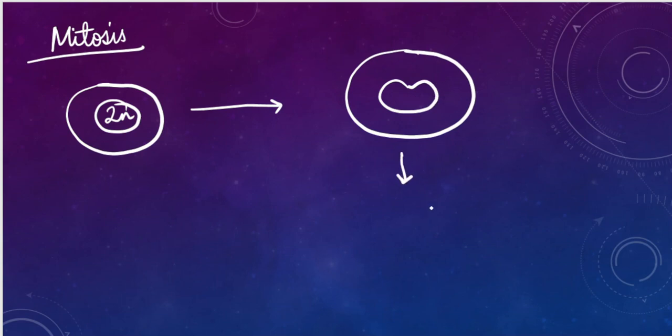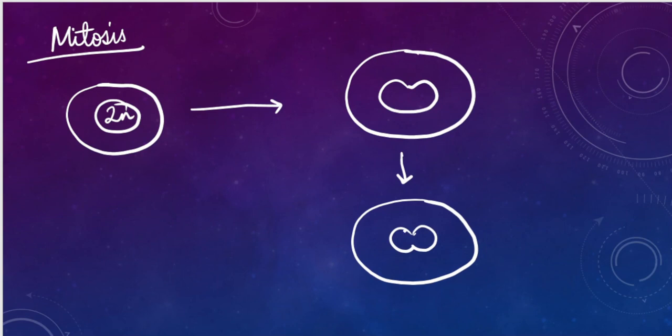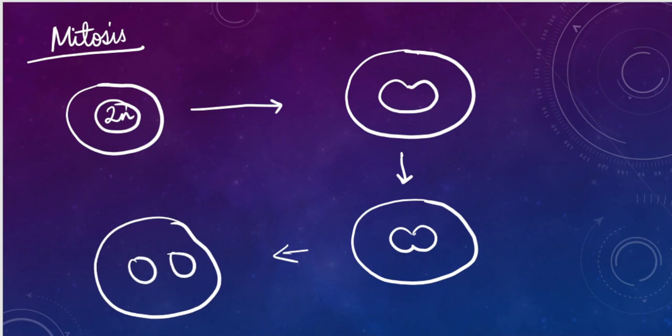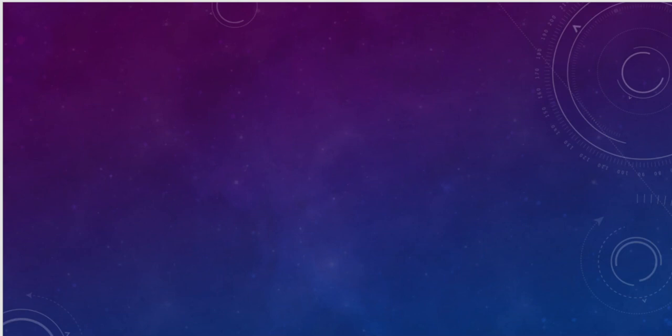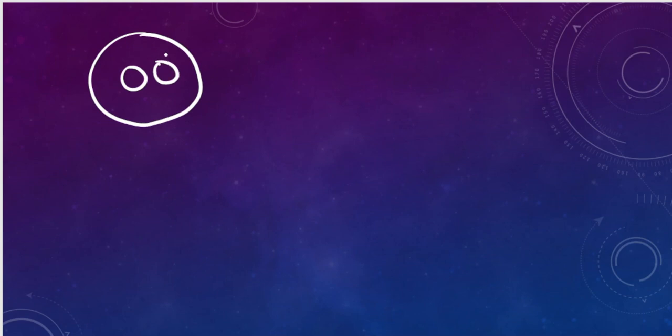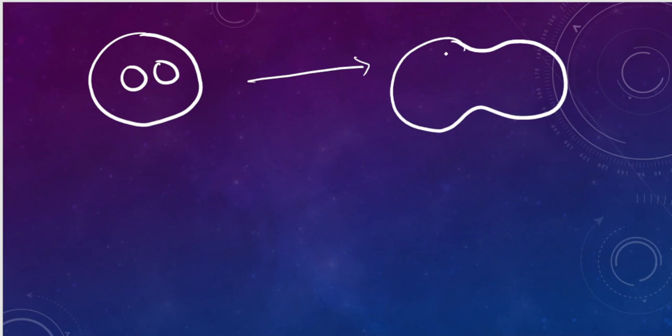So there is diploid, or I will just show the nucleus here. And then further, the nucleus will be like this. So they are dividing. If I go further, you can see that the two nuclei have divided. On the next page, what I showed on the previous page, there are two nuclei present. After nuclear division, there will be cytoplasm division. So the cell will start dividing with its two nuclei.